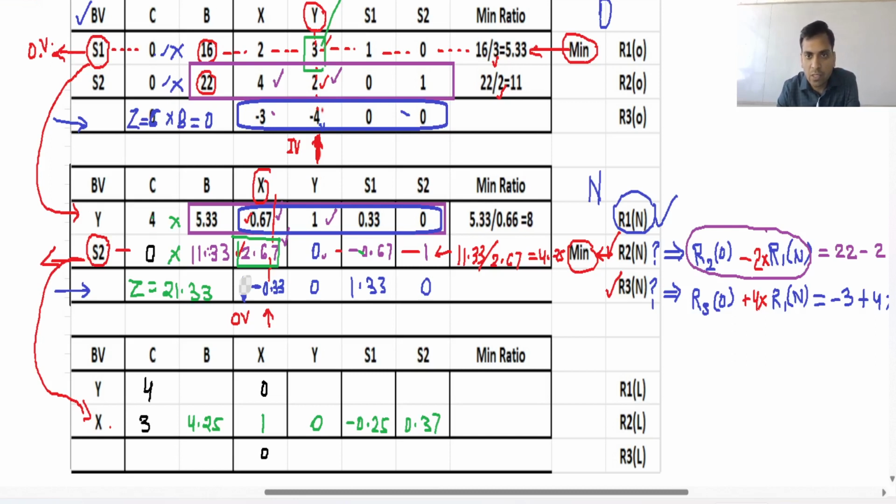Now we will say these rows are row 1 latest, R2 latest and R3 latest. So in these 3 rows you have already got this second one.